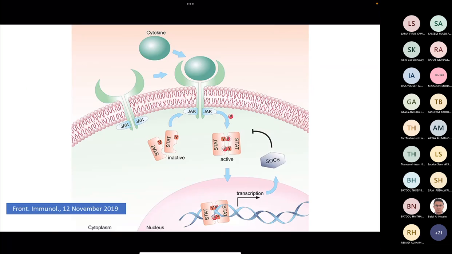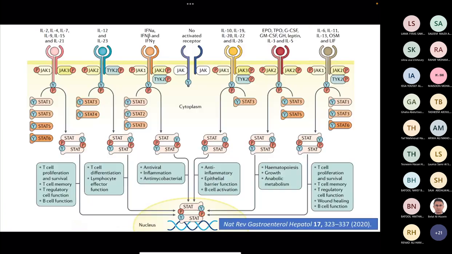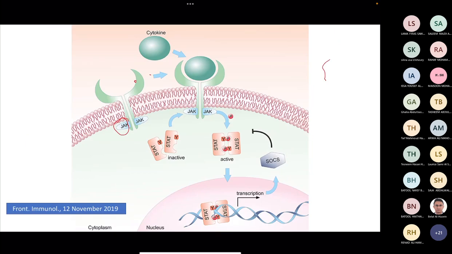So what's the JAK-STAT system? It is a receptor type that is composed of two different subunits of a receptor. And the intracellular domain of the receptor is called a JAK, or Janus activated kinase. In fact, Janus is a mythological, or Greek, god with two faces.